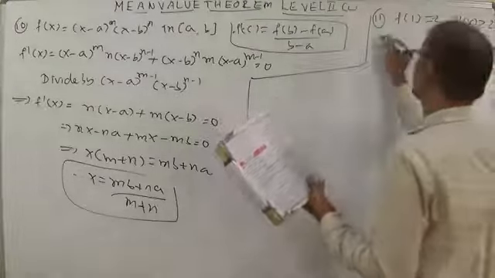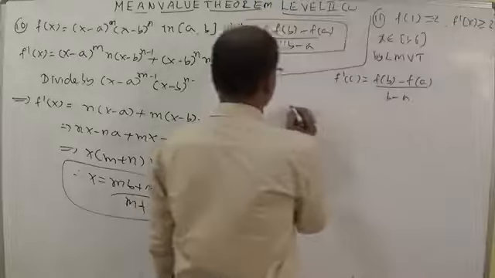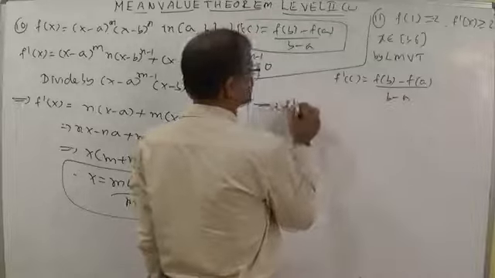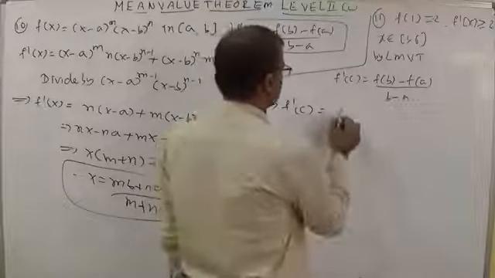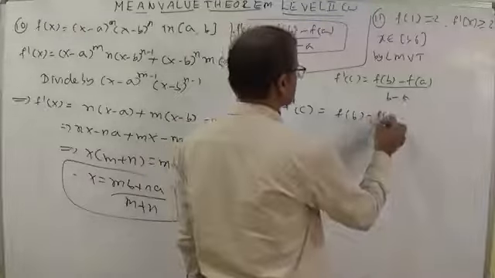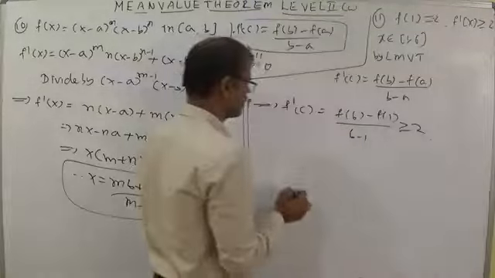Then according to the option, by LMVT I am writing the formula, Lagrange's mean value theorem: f'(c) = (f(b) - f(a))/(b - a). f'(x) is given as 2, that implies let us write f'(c) ≥ 2 here. f'(c) = (f(6) - f(1))/(6 - 1), the value is given as greater than or equal to 2.